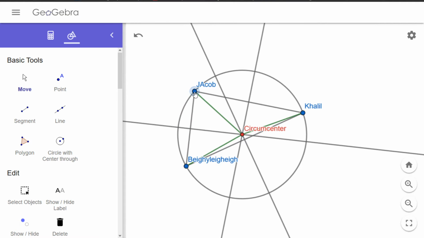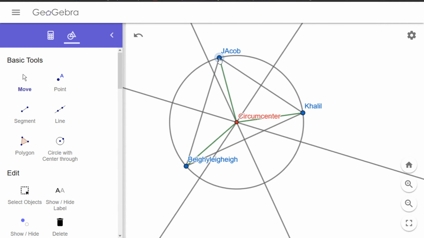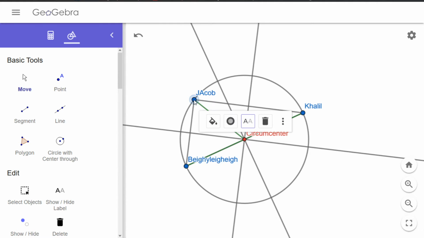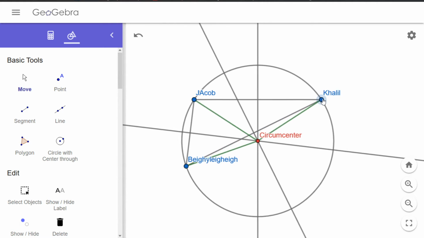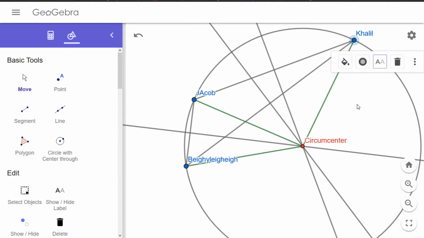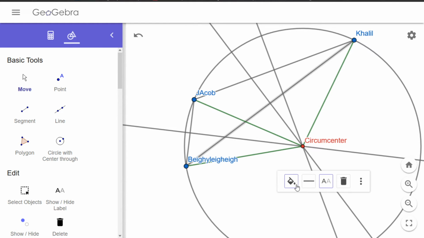Now, if I go from acute to right, it's on the midpoint of the hypotenuse. What happens when I go obtuse? And that makes sense. Because an obtuse triangle, let me highlight my triangle so you can see a little bit better.